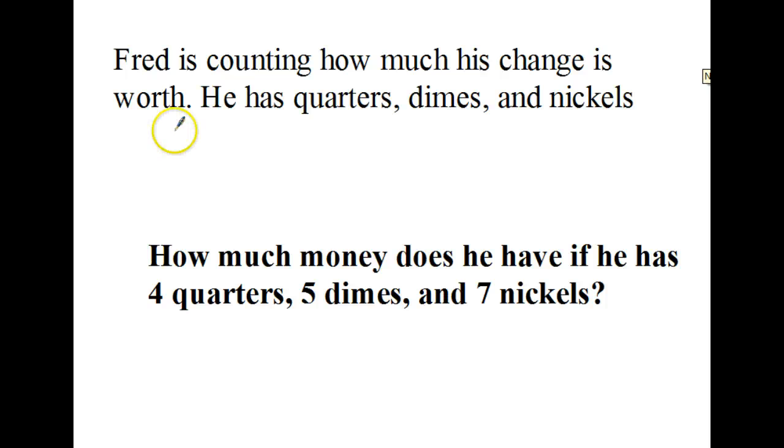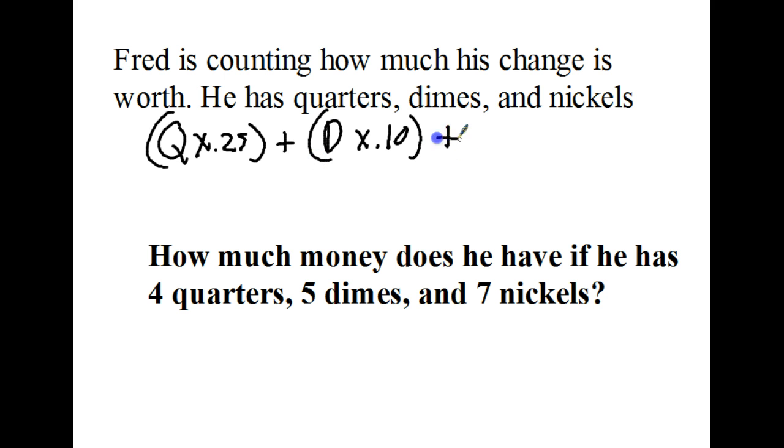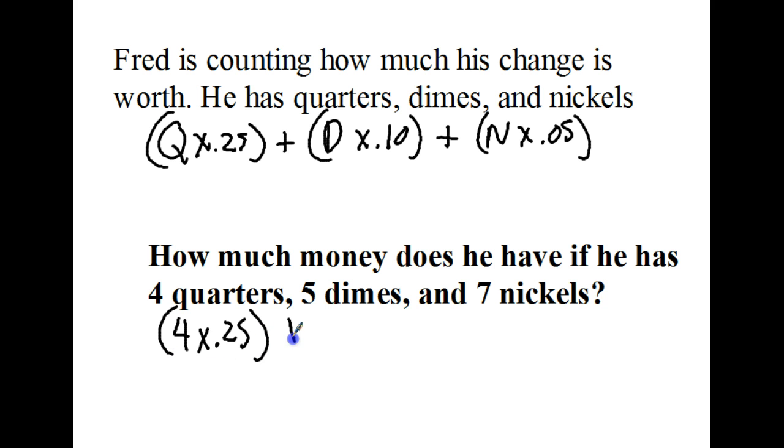Pretty much the same question we just had before. Quarters times 0.25, plus dimes times 0.10, plus nickels times 0.05, and then plug and solve. This time he's got 4 quarters, so 4 times 0.25, plus 5 dimes, 5 times 0.10, plus 7 nickels, 7 times 0.05.